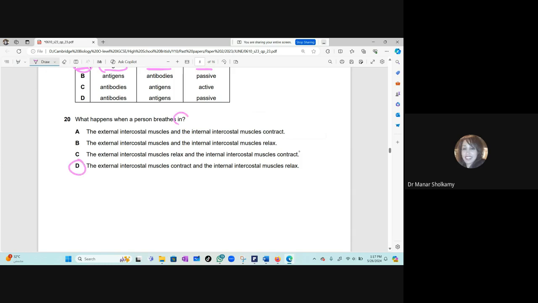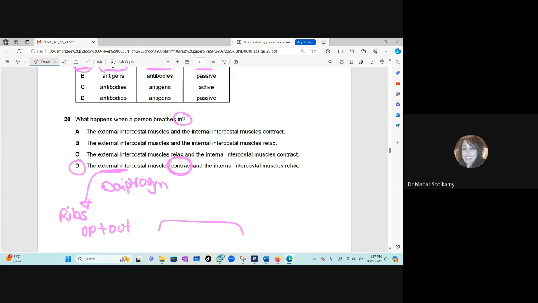So here we are breathing in. So this is inhalation. So the external intercostal and the diaphragm, if you remember, they will both contract. The diaphragm will become flat in shape so that we increase the volume and reduce the pressure, and we pull air in. And the external intercostal muscles will contract so that they push the rib cage up and out, so that the ribs, in case they ask you, move up and out.